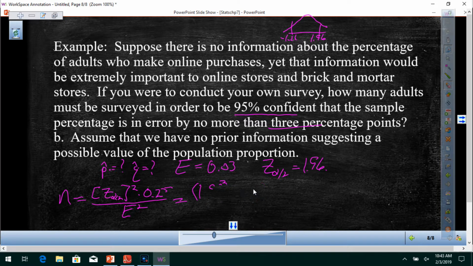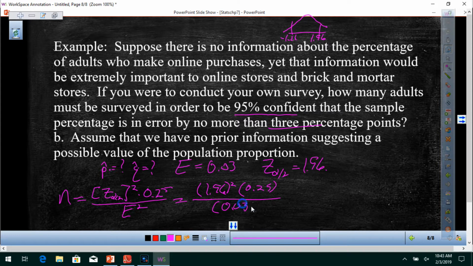That looks terrible. Let me fix that. 1.96 squared times 0.25 over 0.03 squared. So let's try that.